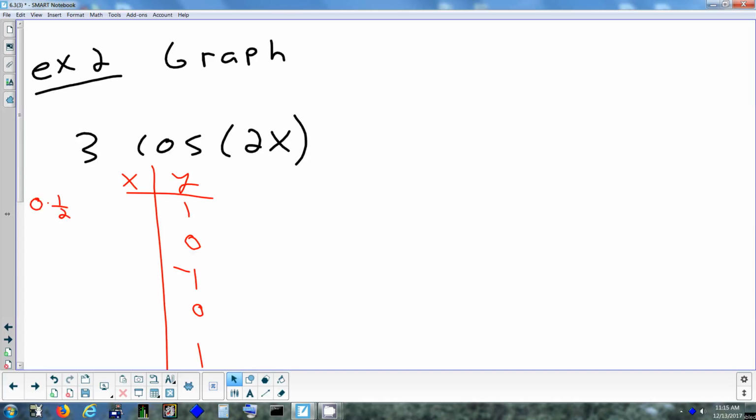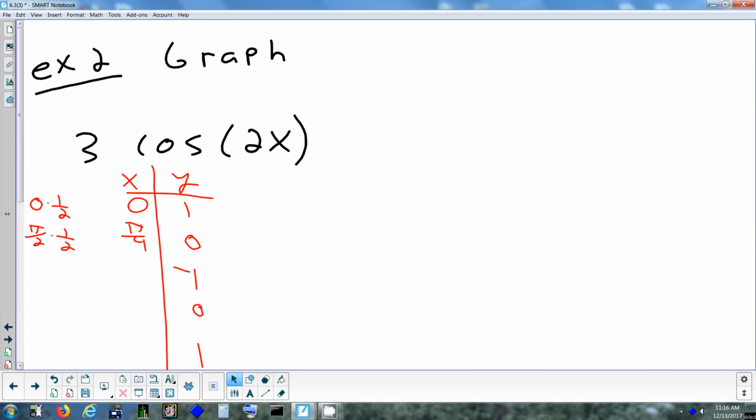0 times 1/2. Caitlin, what's my next x value after 0 normally? Yeah, it's pi over 2. And if we take half of pi over 2, that gives you pi over 4.